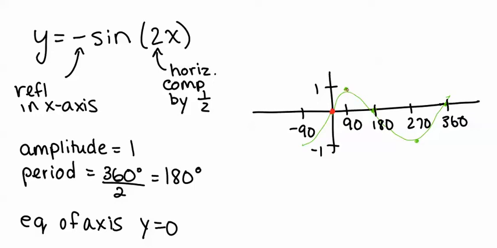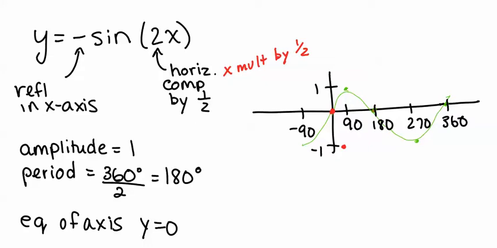So instead of 1, we're going to be down at -1, since I have a reflection. And also, my x value is getting cut in half, so I'm going to be over here at 45. So this is taking my x values and multiplying them by a half. Okay, my next point's (180, 0).